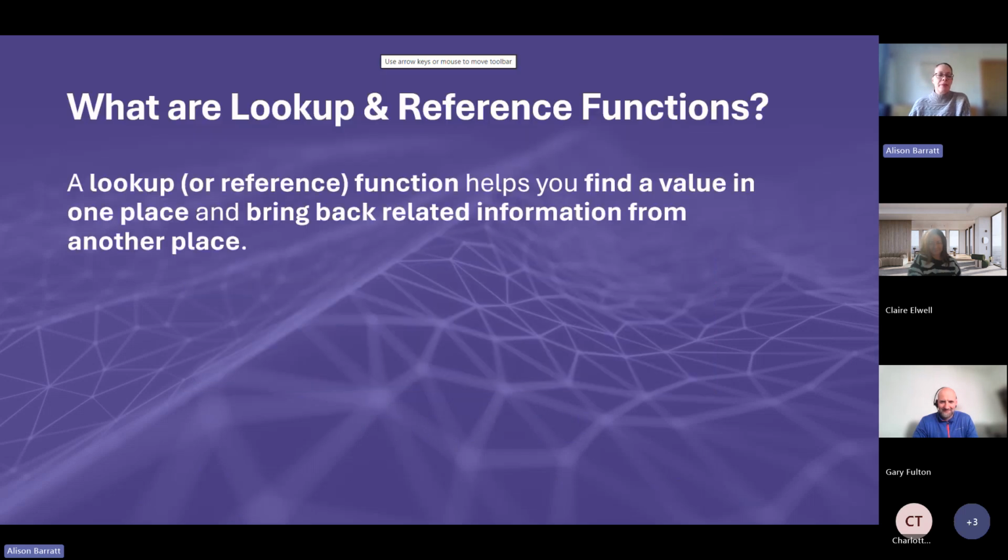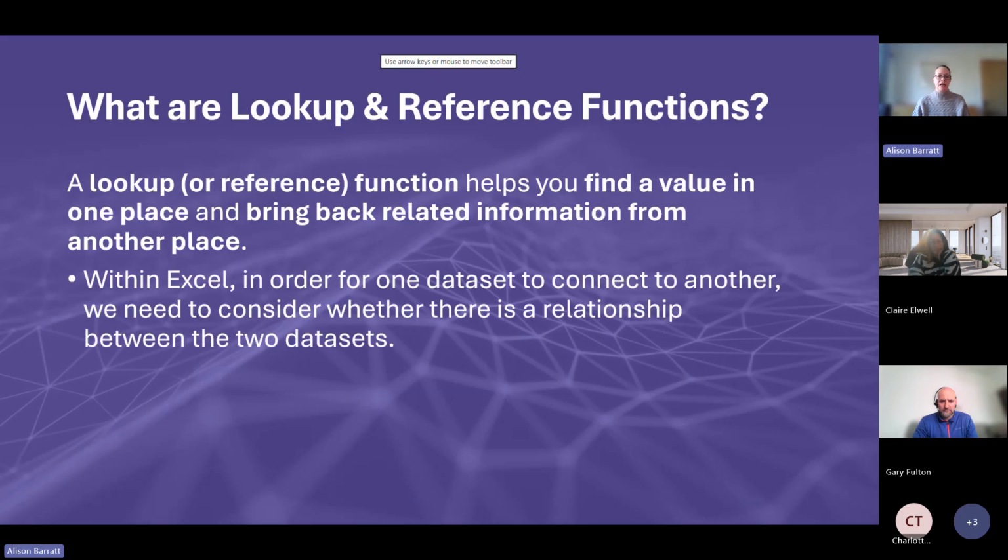So first of all, I thought it might be really useful to just throw something in there about what actually are lookup and reference functions. They help you find a value in one place and bring back related information in another place. And that's the idea about those two different tables or two different data sets talking to each other.